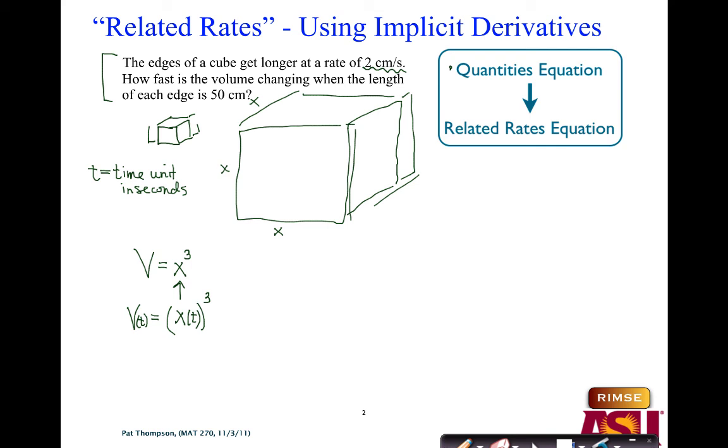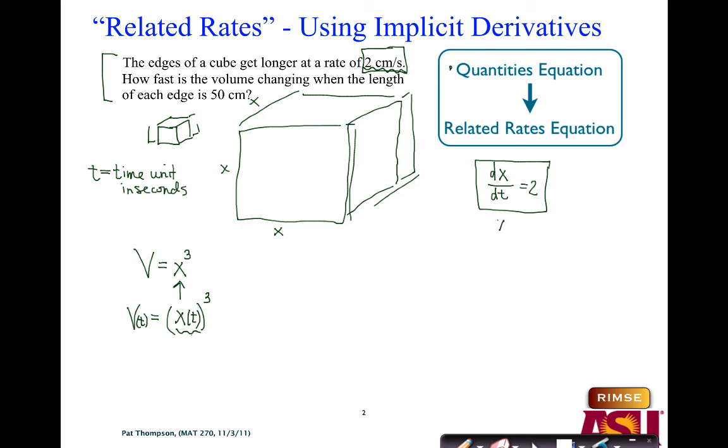Now, the lucky thing is we don't actually have to write out the relationship between x and t. We just have to know the rate at which the edge length changes over time. This is a rate of change. The rate of change of the edge length with respect to time is 2, according to the problem, 2 centimeters per second.